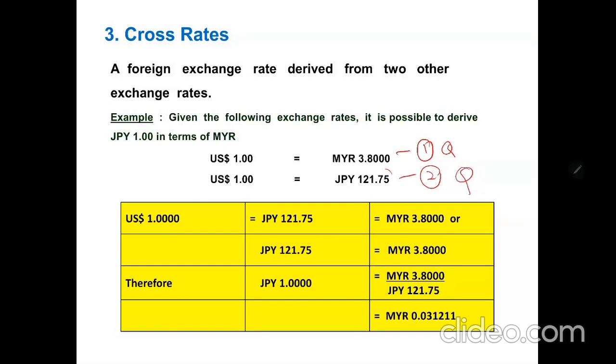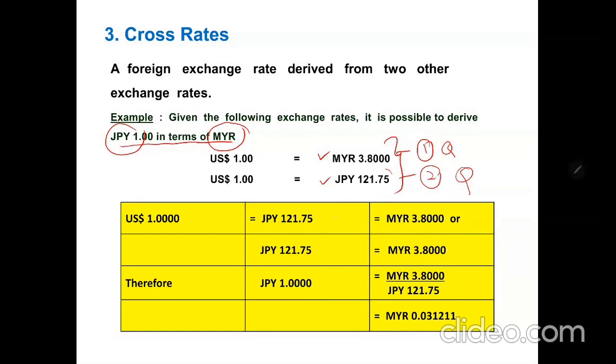So the cross quotation means that we want to express the price of 1 Japanese yen in terms of ringgit Malaysia. We want to express the relationship between Japanese yen and ringgit Malaysia using these two quotations. How do we derive the rate using these two quotations? First, 1 USD is equivalent to 121.75 Japanese yen, which is equivalent to 3.800 Malaysian ringgit.